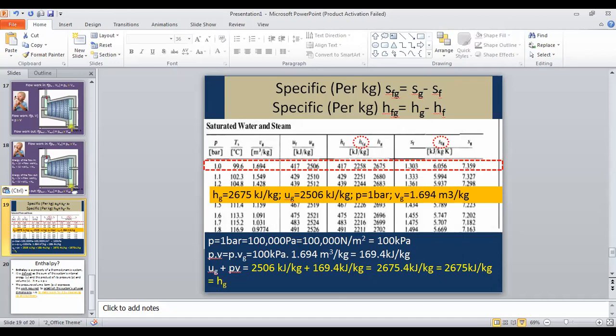Ug is this 2506, plus P times Vg, 2506 plus 169.4, becomes 2675.4. What is this? 2675, what is 2675? This is Hg. So finally, this is being calculated as U plus PV. The concept is thermodynamically surfaced out.